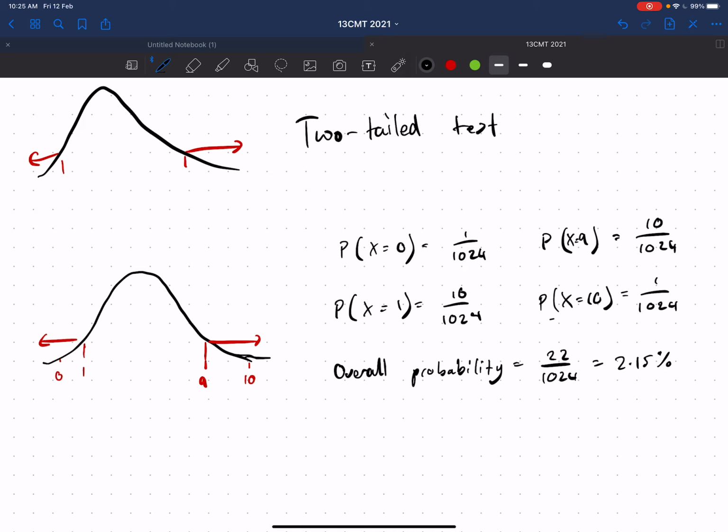At a 5% significance level, is that significant? Yes. Because 2.15% is below that 5% arbitrary number that they've given us for this situation, we can reject the null hypothesis.